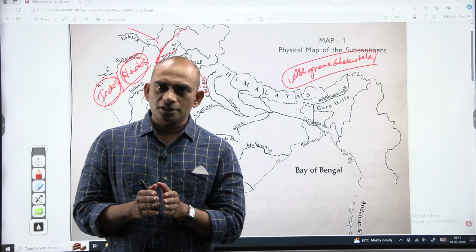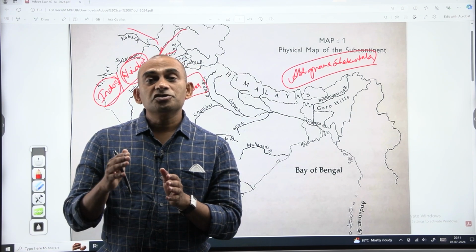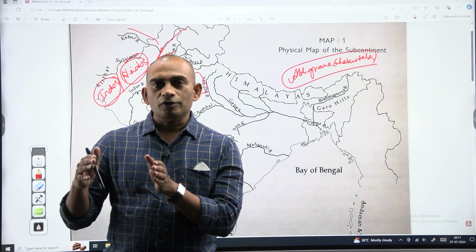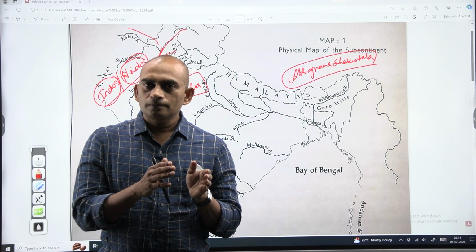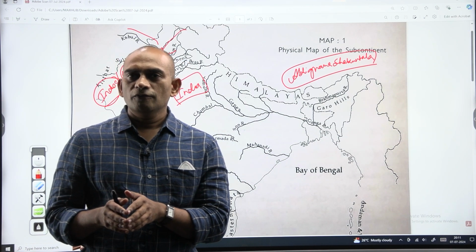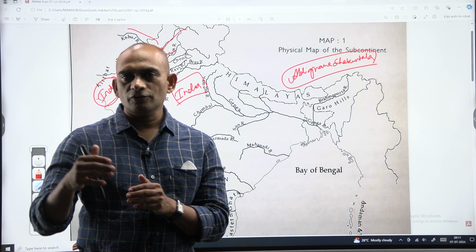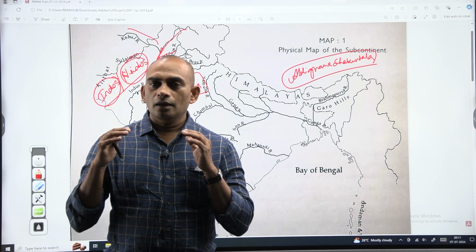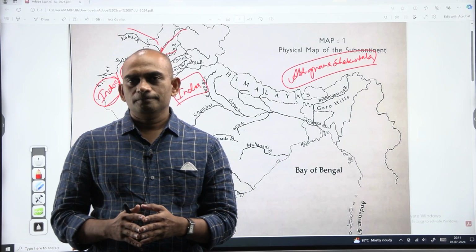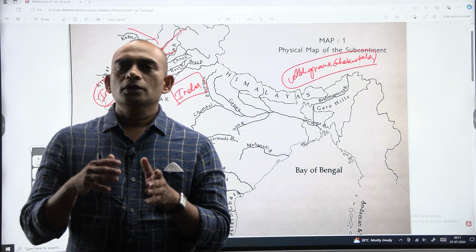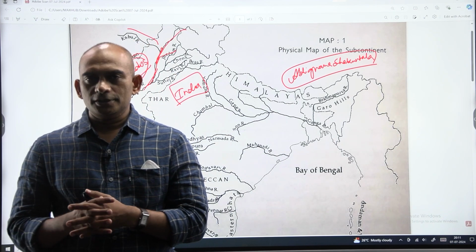And even merchants, they travel with caravans. And also religious teachers, they walk from one village to another village, one town to another town, and they give advice, they give instructions upon various topics.